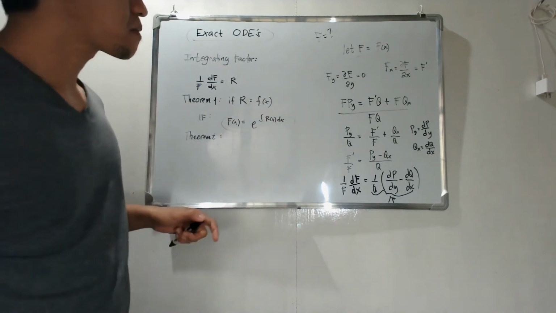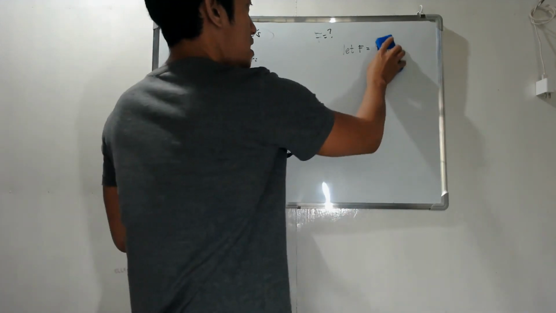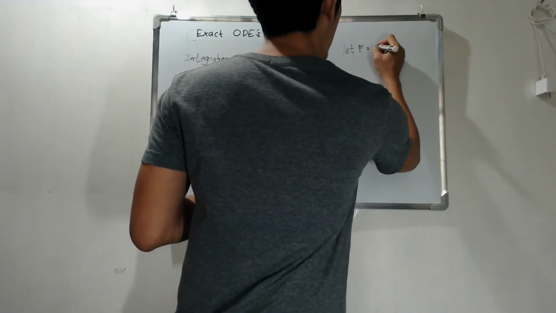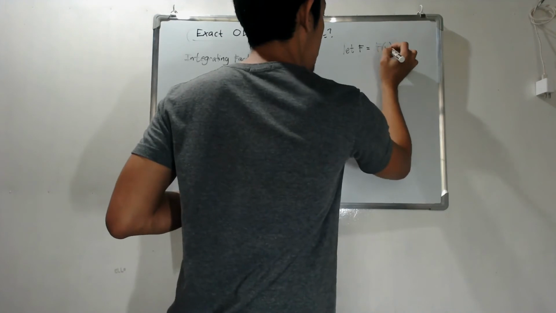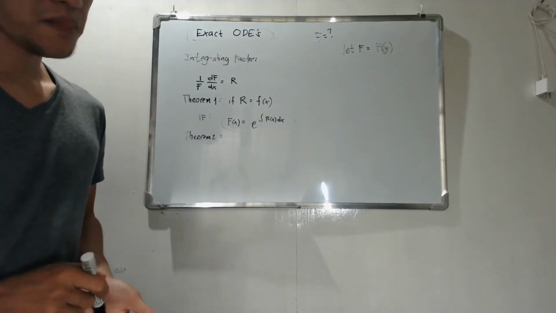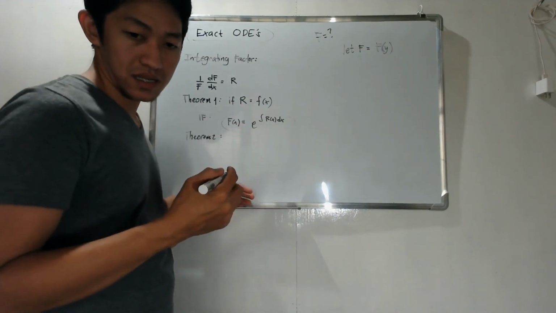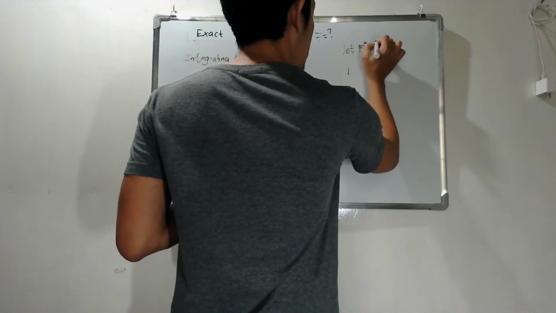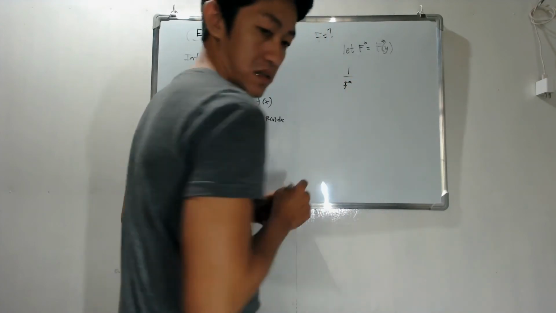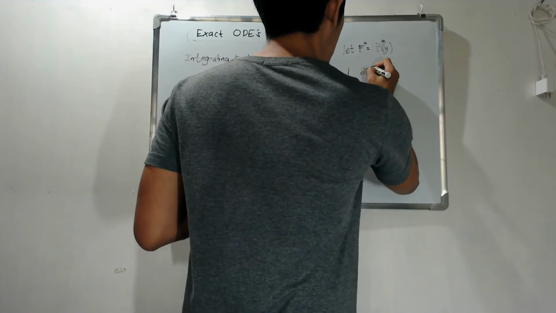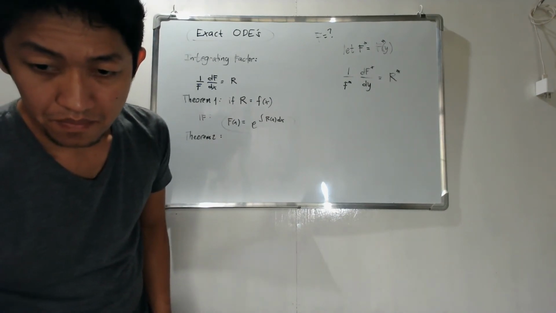Now what would happen if we let the integrating factor be a function of y? If it is a function of y, then the integrating factor is 1 over... Let's write the chart so you won't be confused.